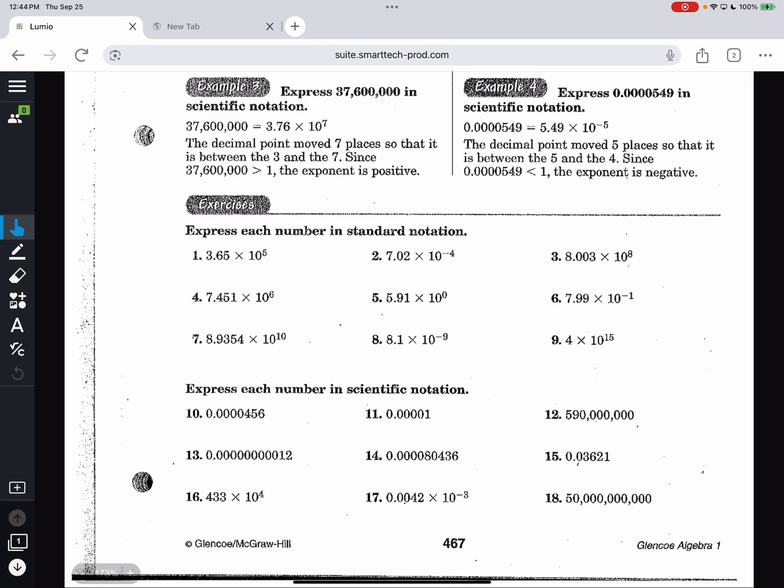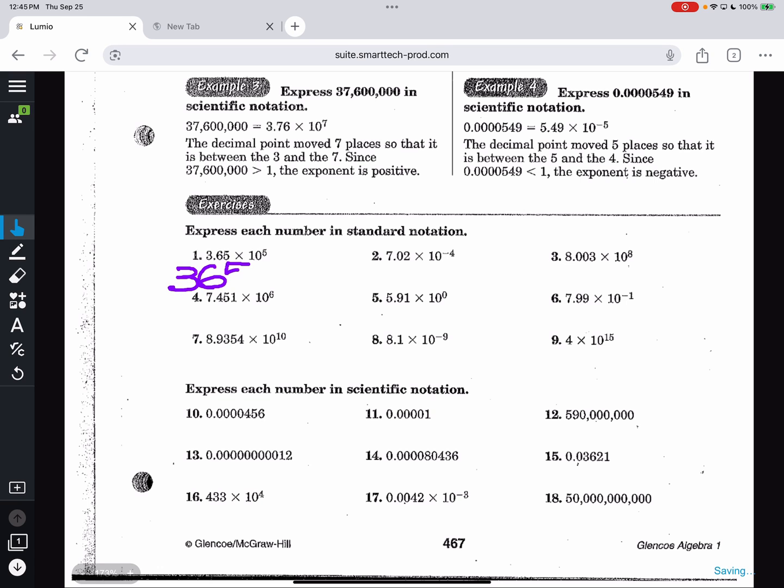So, because it's times 10, I love this, the exponent is how many times you move the decimal point. So the first one, 3.65 times 10 to the 5th, means we're going to move the decimal point 5 places, and yes, to the right. So, how many zeros will we put in our answer? 3.